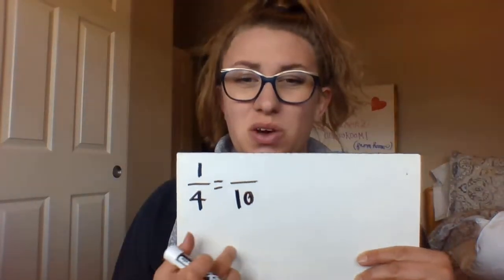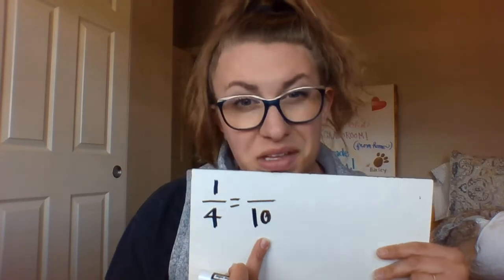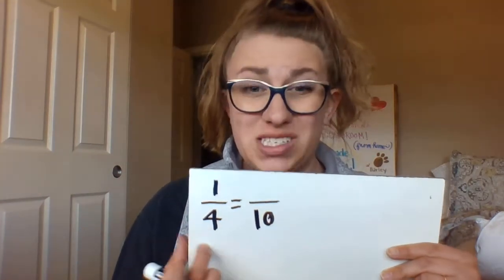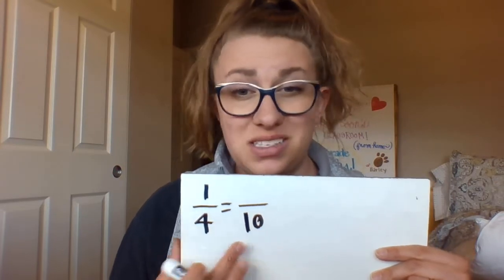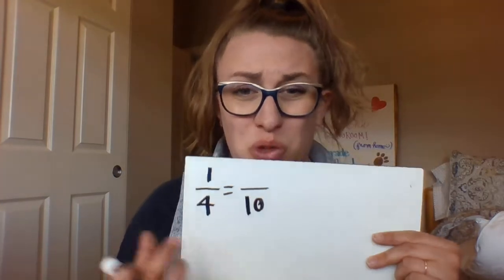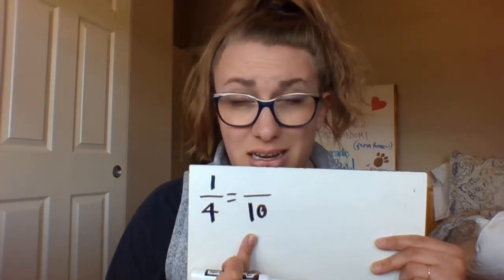Well, I could try to go to tenths, but the problem is 4 is not a factor of 10, meaning 10 is not a multiple of 4. So we can't multiply any normal whole number by 4 to get 10. That leaves us with one other option, hundredths. So get this written down here.